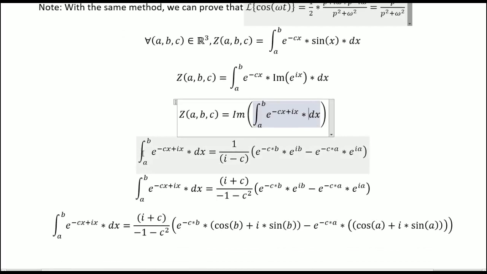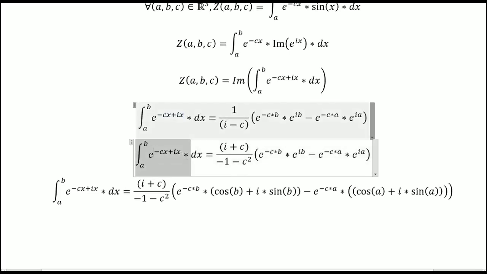This integral is equal to, with the same method as before, we factorize by c, so we get i minus c times x in the exponential here. By the properties of integration of exponential, we get this expression, and same thing here.